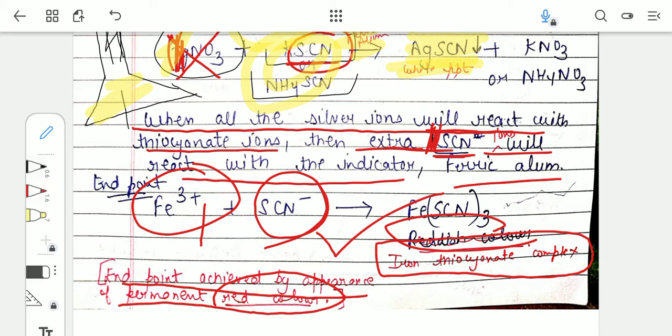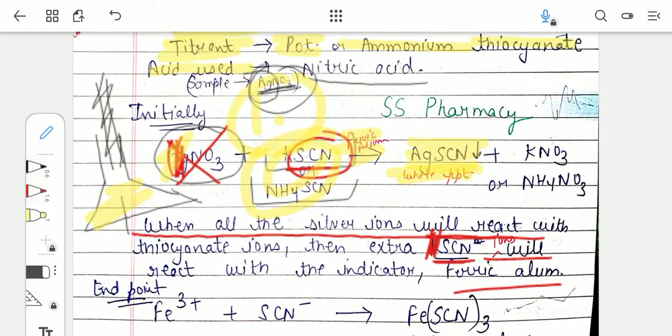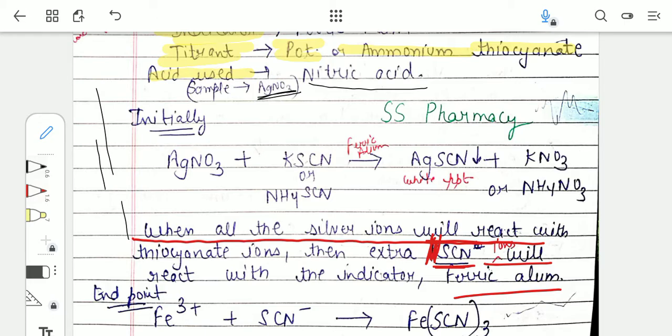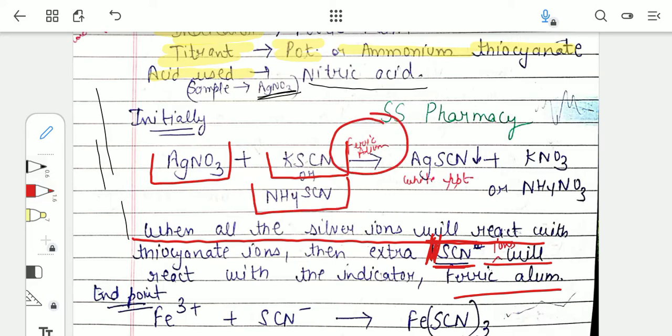Now let us recall what happened. In the first step, silver ions were precipitated. We took silver nitrate and our titrant, which is either potassium thiocyanate or ammonium thiocyanate, in the presence of our indicator, and finally silver thiocyanate was formed, which is of white color. A white precipitate was formed in step 1.